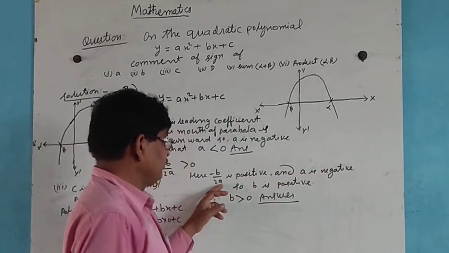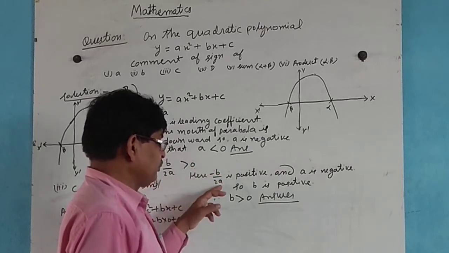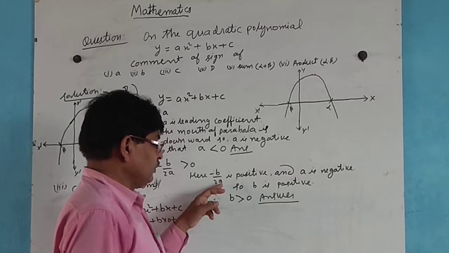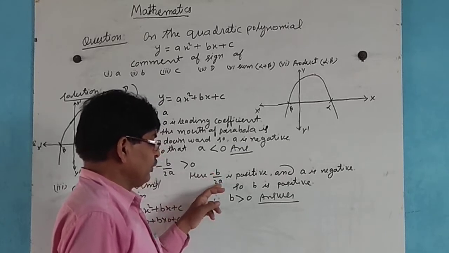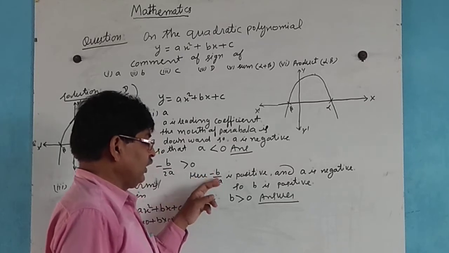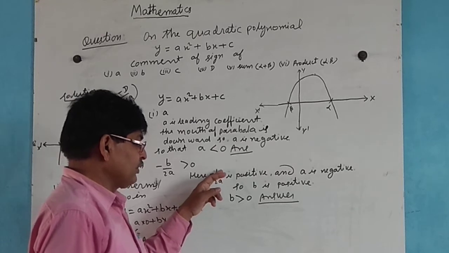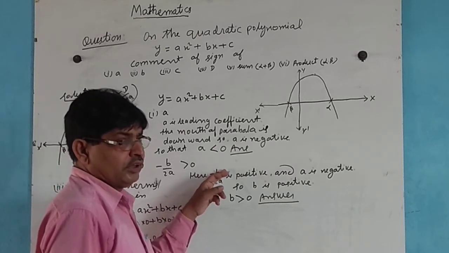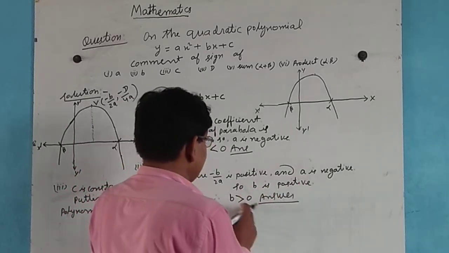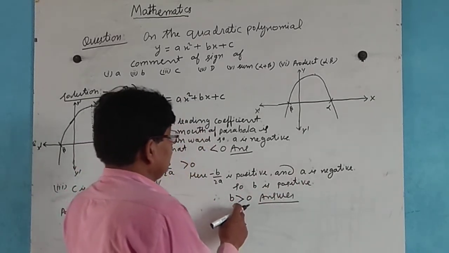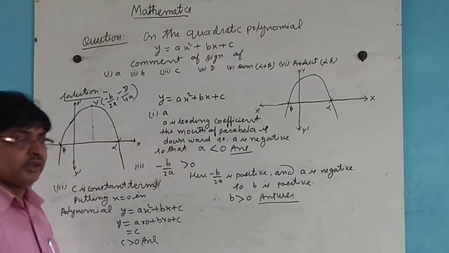So the negatives cancel, and that is positive. It means that b is greater than 0. So b is positive. The sign of b is positive.